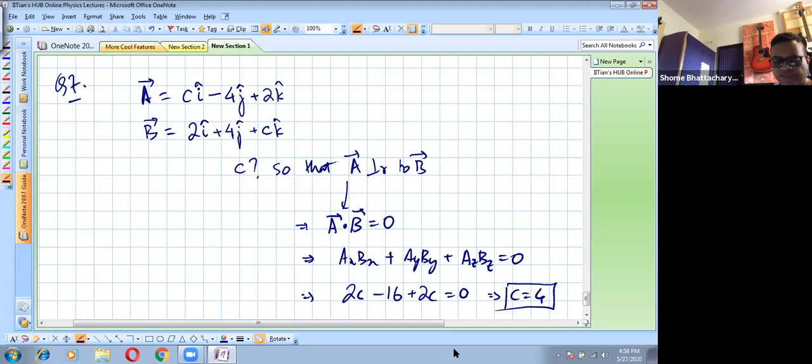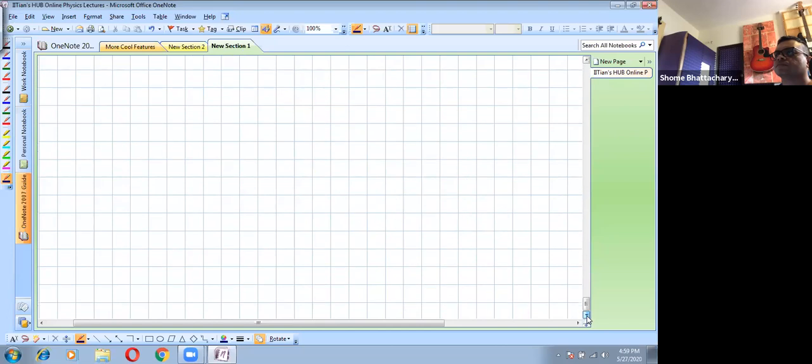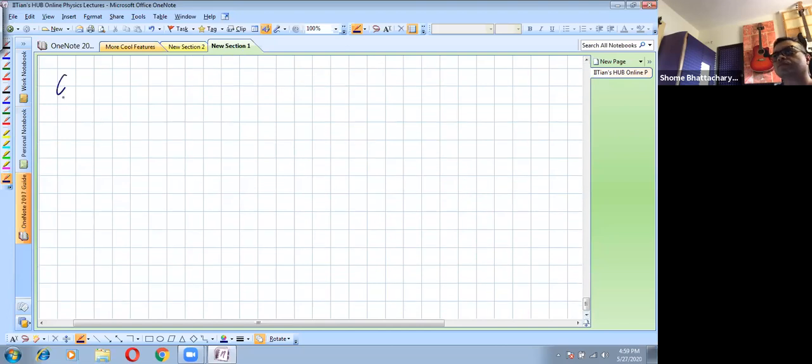The 8th question is also kind of making use of this concept, but along with another thing that the vector asked for should be a unit vector. This is one vector given, then another vector given is this.